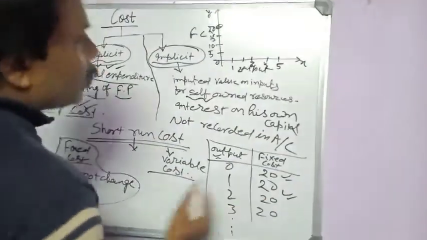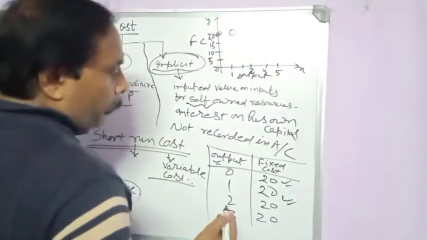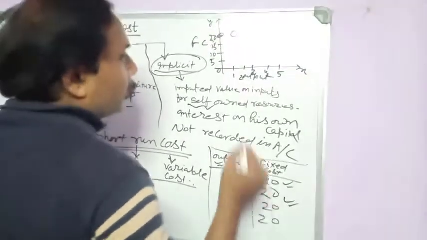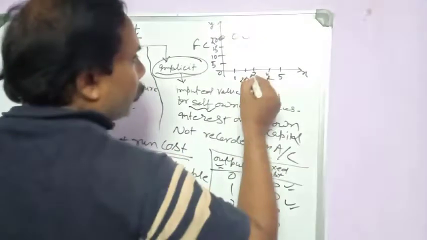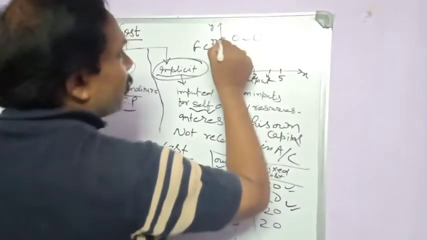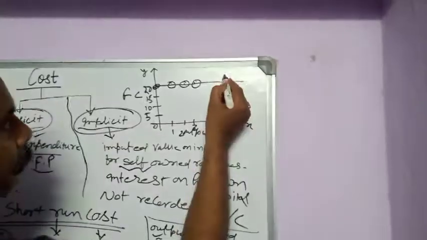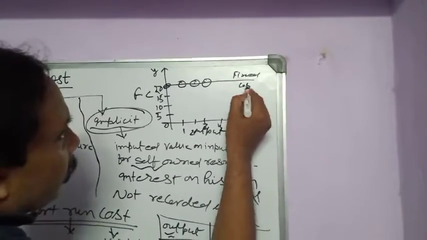When our production is 1 unit, again it is 20. When the output is the second unit, the cost is 20. Third, again it is 20. So in this way we find that fixed cost is parallel to the x-axis.